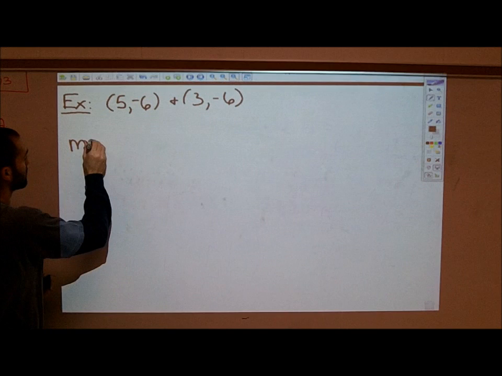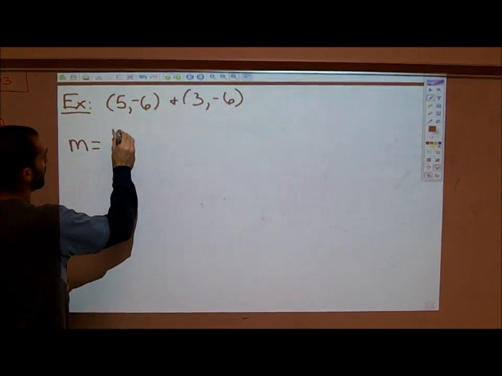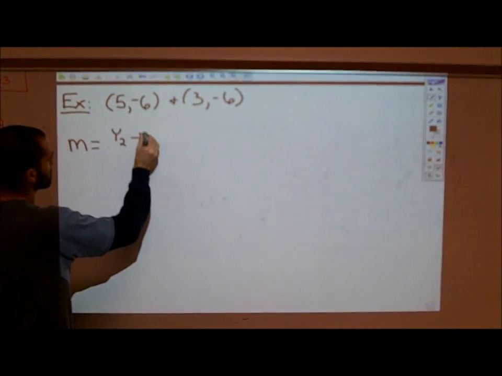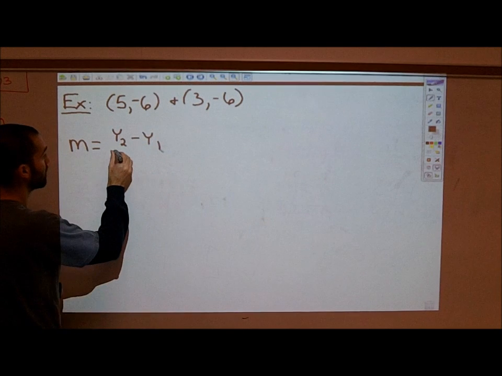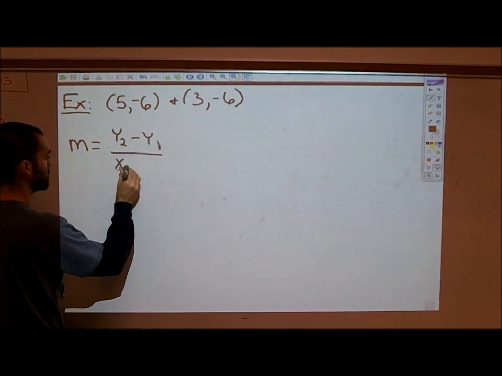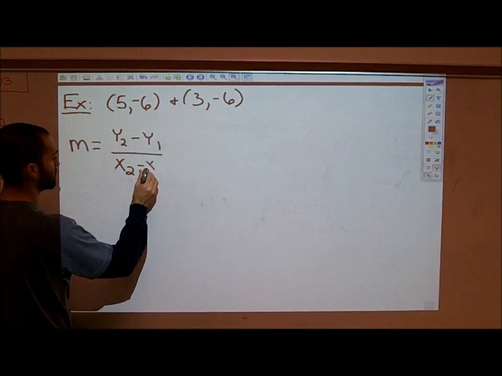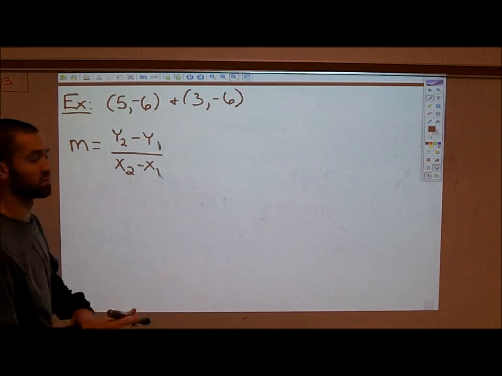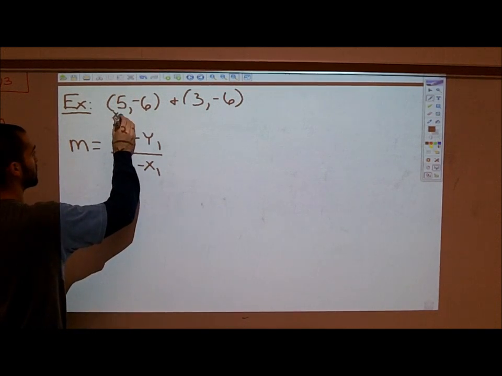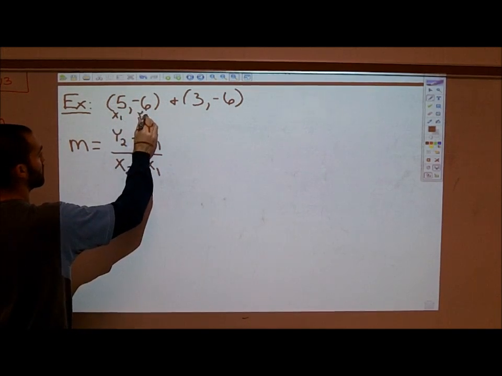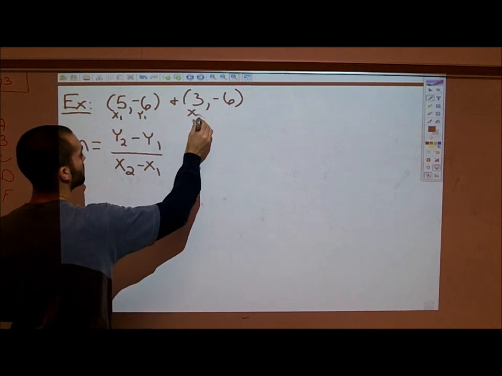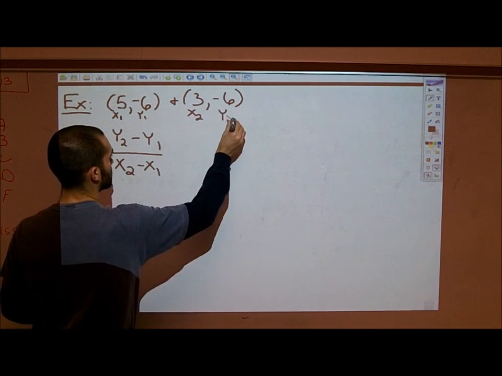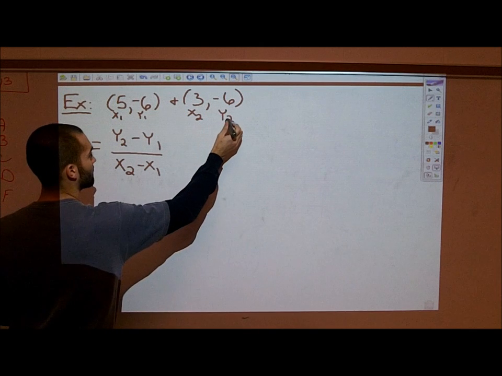M equals y2 minus y1 over x2 minus x1. We work left to right with our points. This is x1. This is y1, x2, this is y2. Okay?